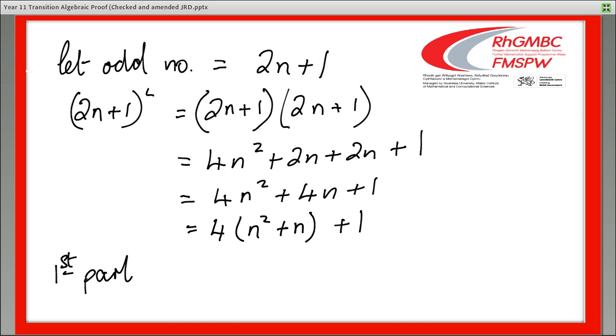So the first part is divisible by 4. This is where the writing doesn't quite keep up with the speech.